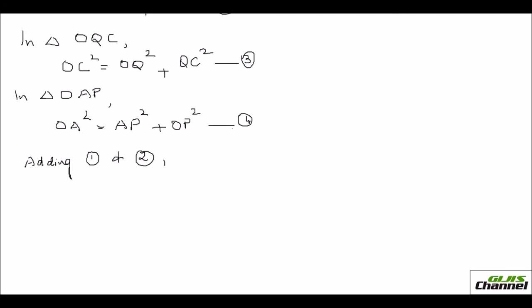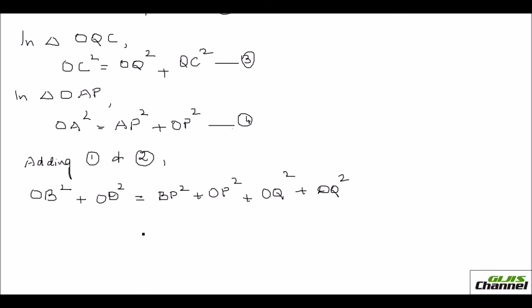So let me add the left hand side first. So OB square plus OD square is equal to BP square plus OP square plus OQ square plus DQ square, right?